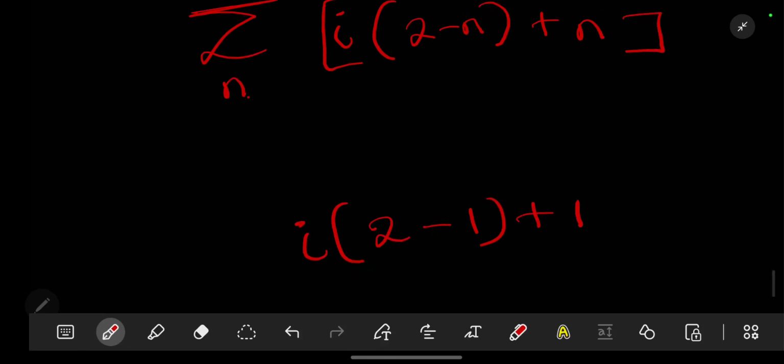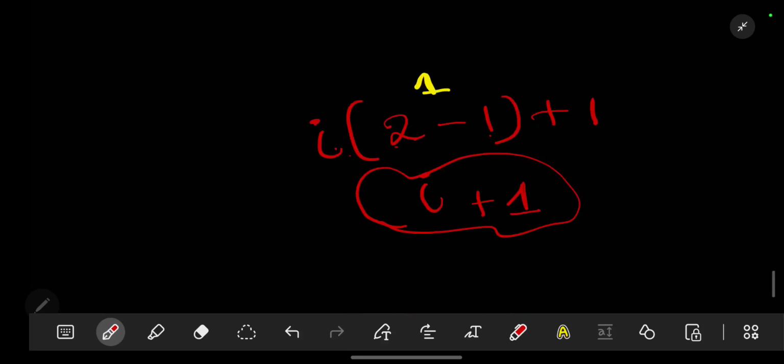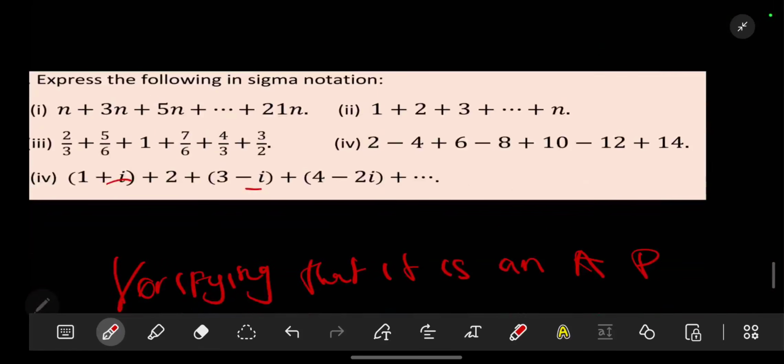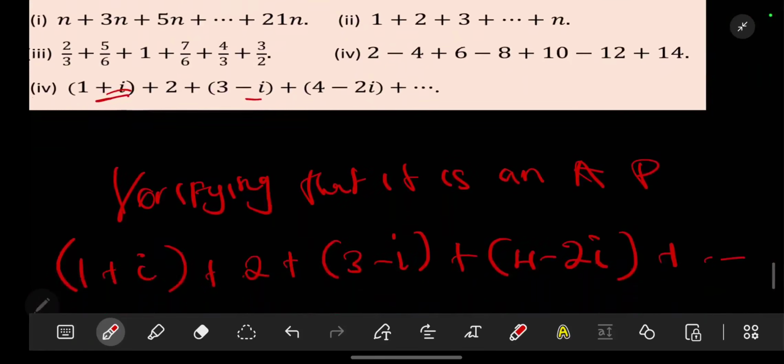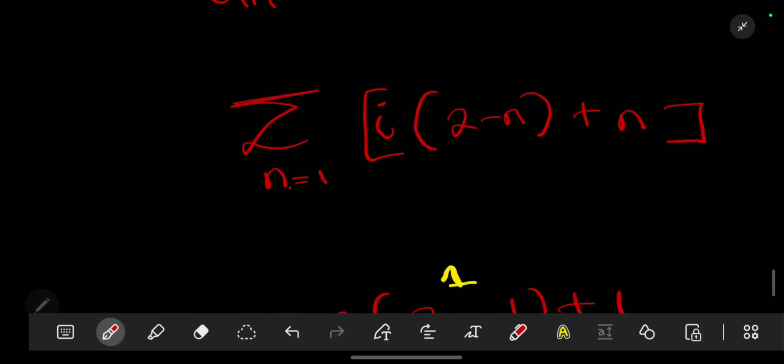Then here we have i. 2 minus 1 is 1, so it will be i, like that. So here the result is 1 times i, it will be equal to i plus 1, which gives us the first term. So if i plus 1 gives us the first term, it means it's starting at the first term, so n should be equal to 1.